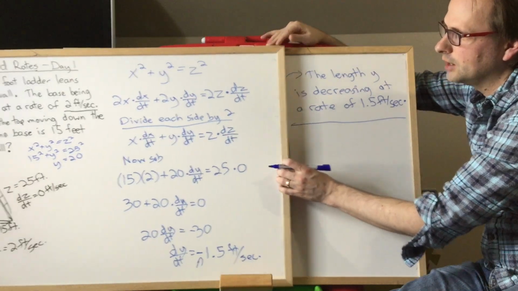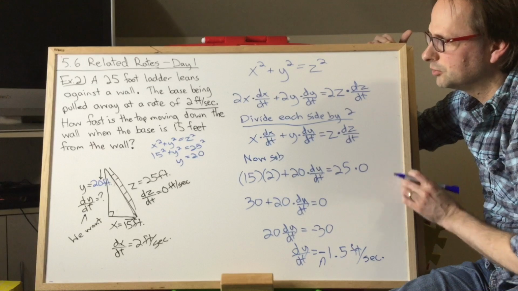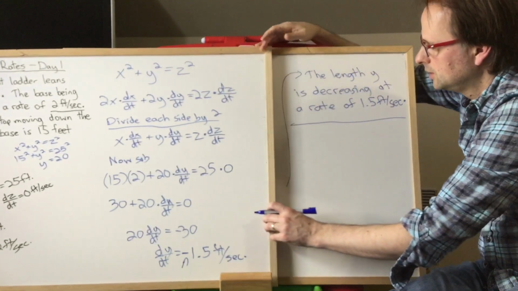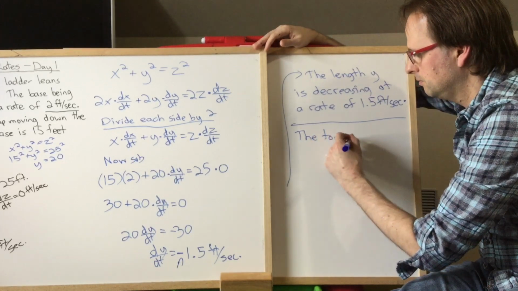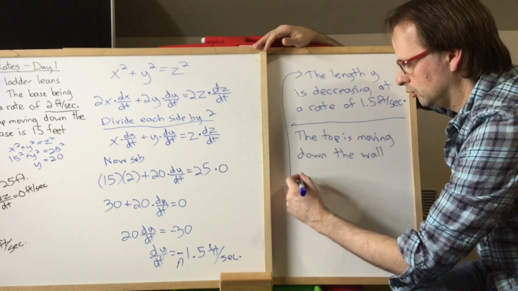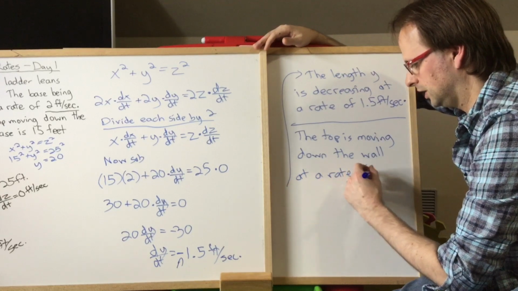If we answer the question as it's asked, it says, how fast is the top moving down the wall when the base is 15 feet from the wall? The top is moving down the wall at a rate of 1.5 feet per second.